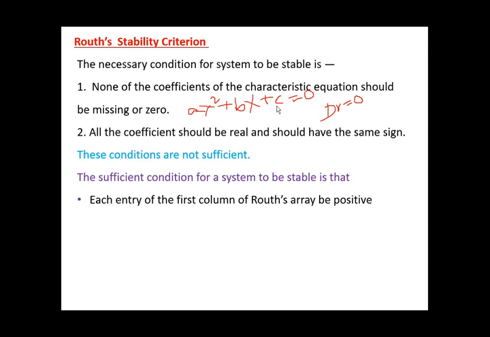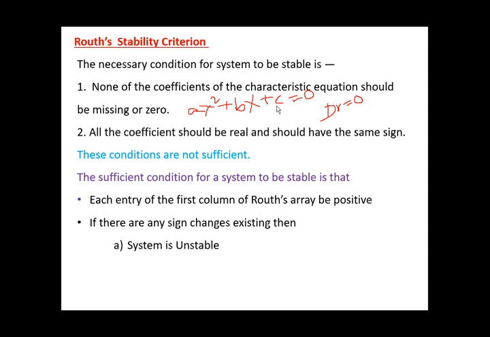In the first column, all the entries must be positive. Always the first coefficient in the first column must be positive. If any sign changes exist, then that system is unstable. We can call that system unstable.